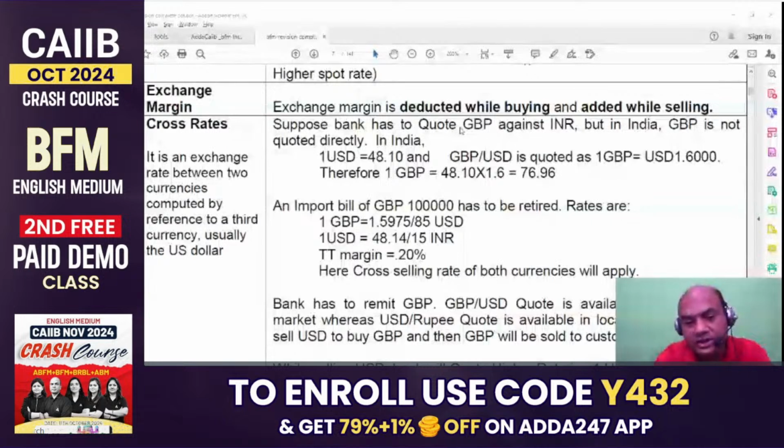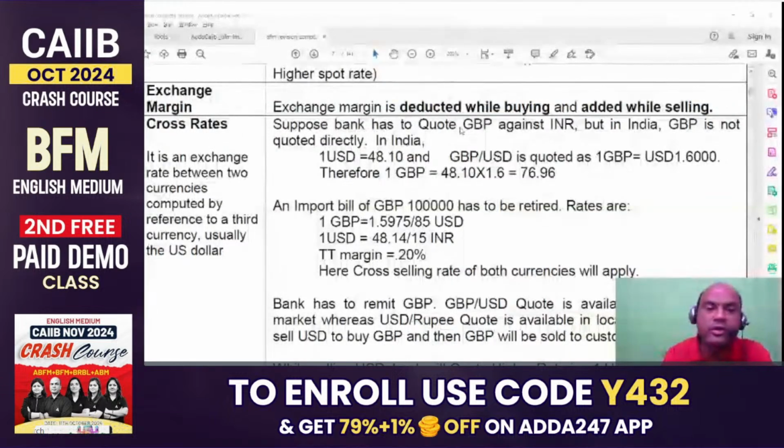Next is cross currency rates. Now cross currency rates are applied whenever you don't have the direct rates. Direct rates means $1 equals to 80 rupees. If you don't have it, in that case, what will you do? You will take help of some other currency. For example, generally dollar is considered as a stable currency.